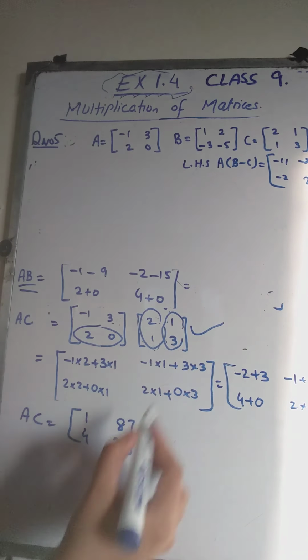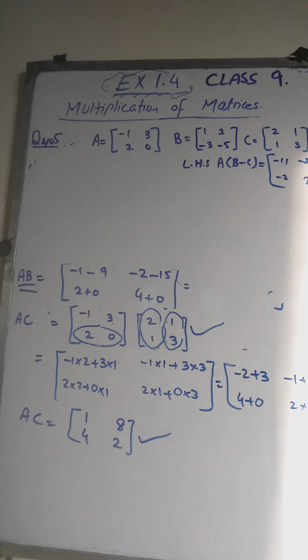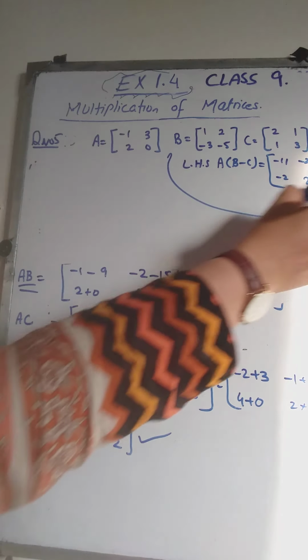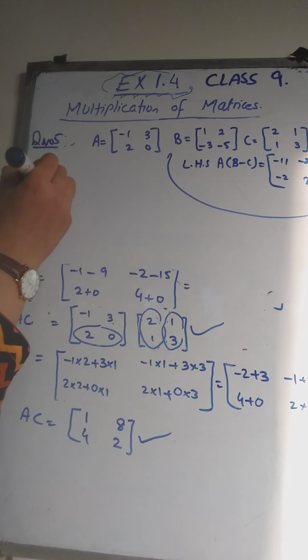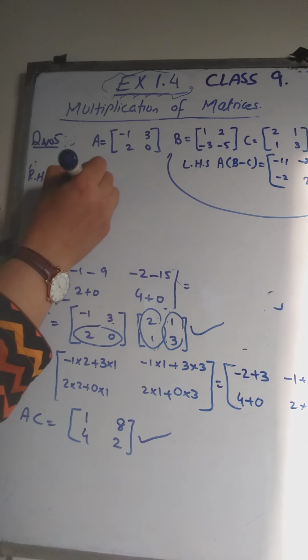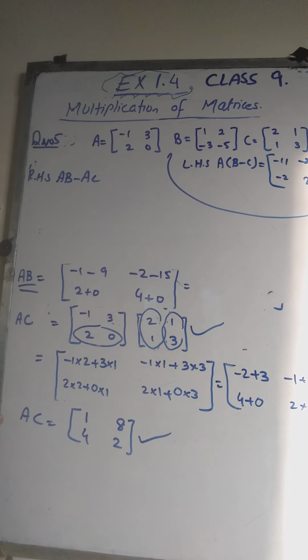This is AB and this is AC. Now calculate the right hand side. The expression of the right hand side was AB minus AC. Now we need to subtract these two expressions.